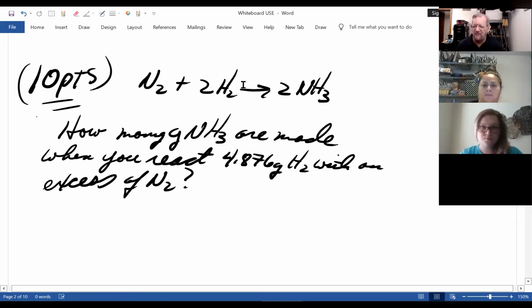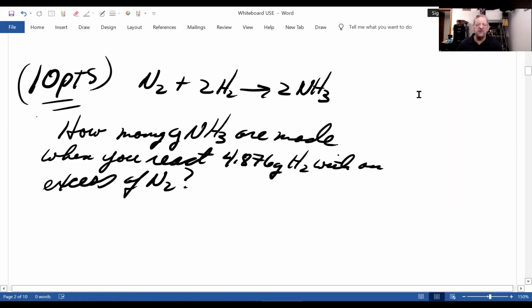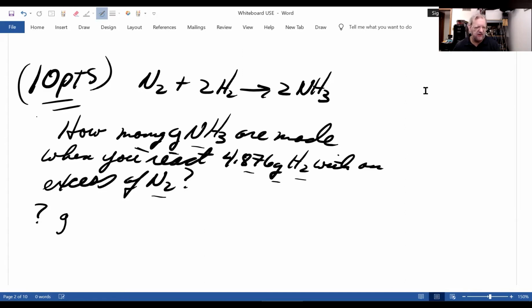Do you see the problem on the board? Thank you. All right, I'll do this one. You know I'm going to share with you so you can have some fun too. Let's look at the question. How many grams of ammonia, NH3, are made when you react 4.76 grams of hydrogen with an excess of nitrogen? So what are we being asked to find? Grams of ammonia. What are we given?